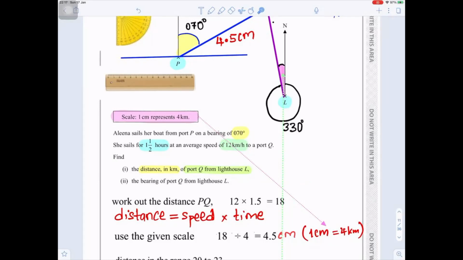Now, we cannot draw 18 kilometers on the paper. That's too long. So we use the scale. The scale says 1 centimeter represents 4 kilometers. So what would 18 kilometers represent? It'll be 18 divided by 4. It will represent 4.5 centimeters.